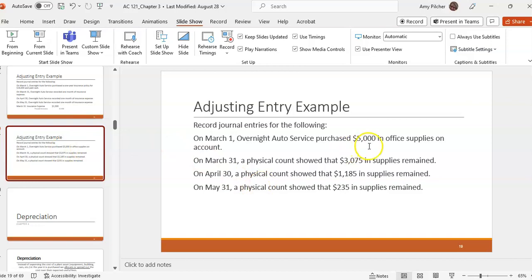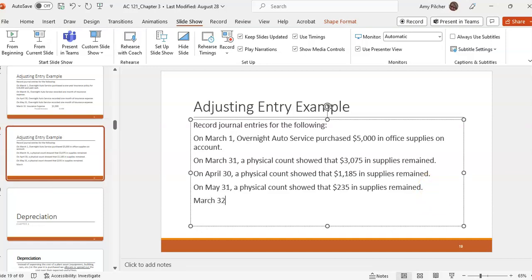Let's look at another example. In this example, we have office supplies on account. We have a physical count on March 31st. Each month we're using office supplies. So first we'll do March 31. Supplies expense is the debit. Then we need to determine how much supplies we used.